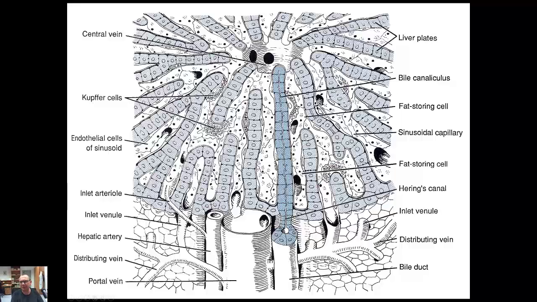Nevertheless, if you look at it in a small magnification or in this schema, you can see that the overall direction of these cords has some regular course. All these cords are directed from the periphery of the lobule towards the central part of the lobule.